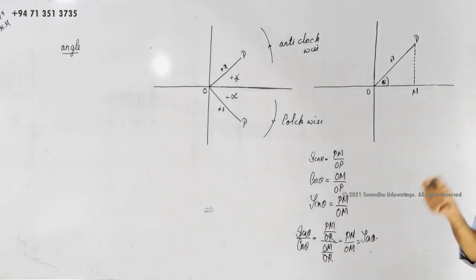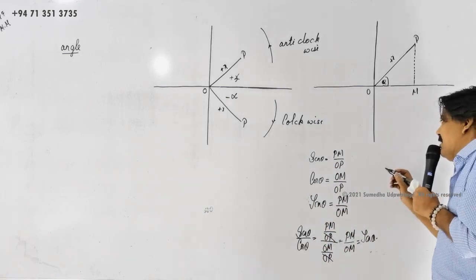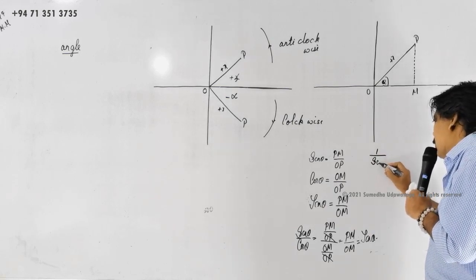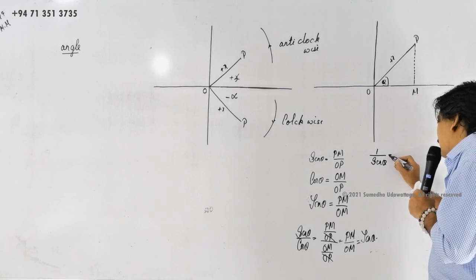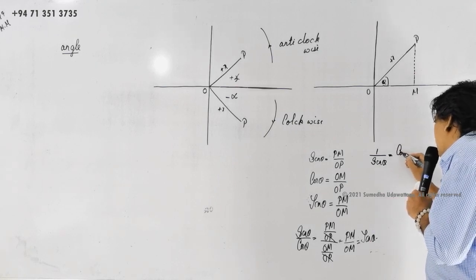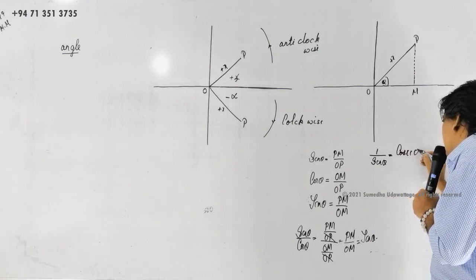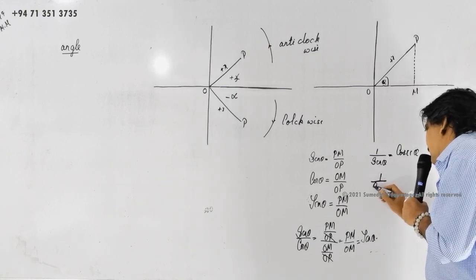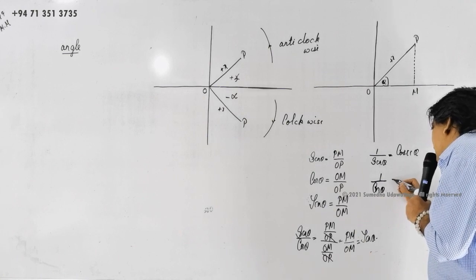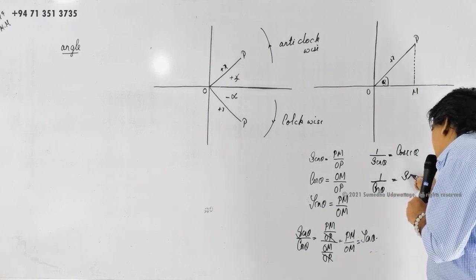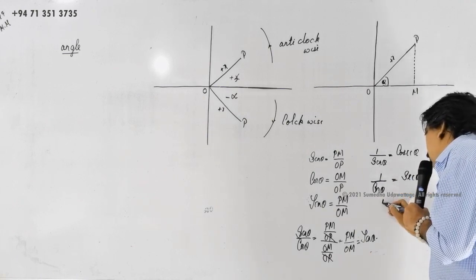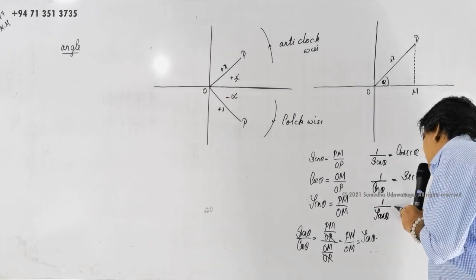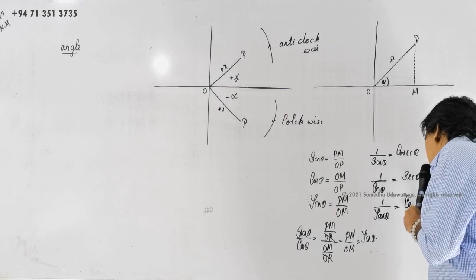And then secondarily, we define 1 over sin theta, we call it cosec theta. 1 over cos theta, we take it to be sec theta. 1 over tan theta, we take it to be cot theta.